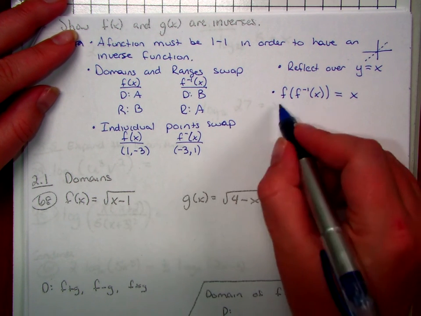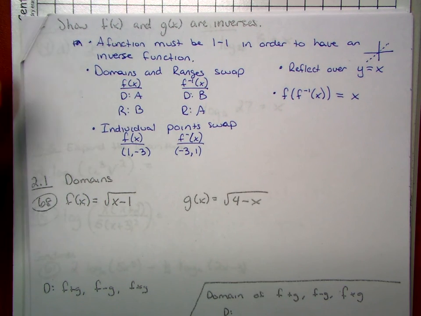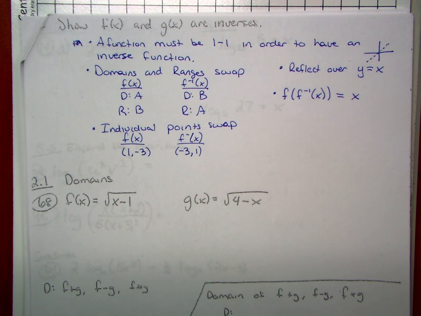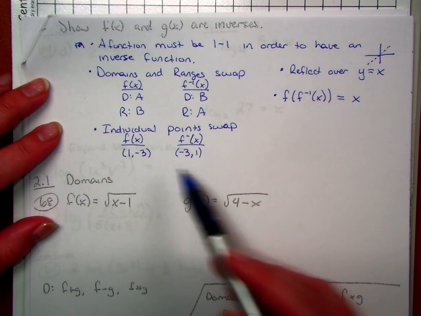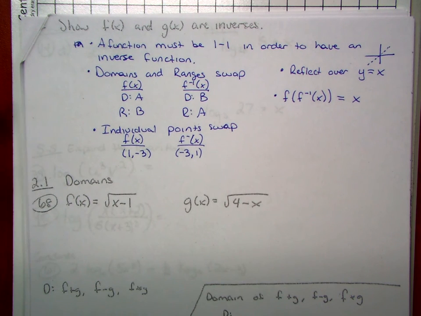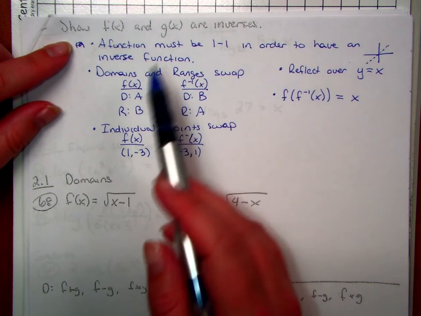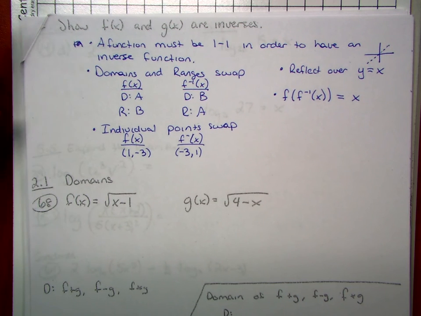So remember their compositions simplify to x. All right, I think that's pretty much all about inverse functions. Just know it's not going to be an equation; it's going to be more theoretical in those questions.